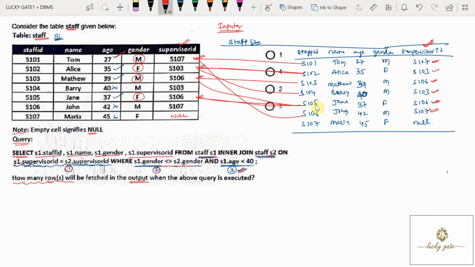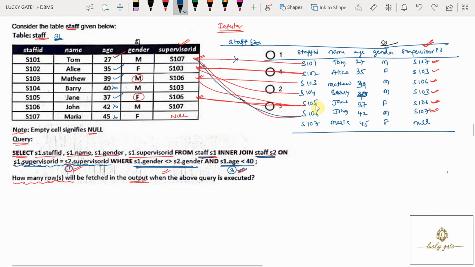In those 7 combinations, I would like to select the tuples satisfying the condition S1 gender not equal to S2 gender. Here I am going to remove the lines which do not match the condition. This S1 gender should not be equal to S2 gender. Here what you can see, M equal to M. Here S1 gender is M. This is one matching row.